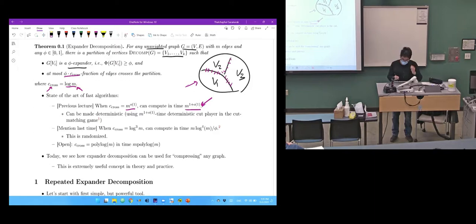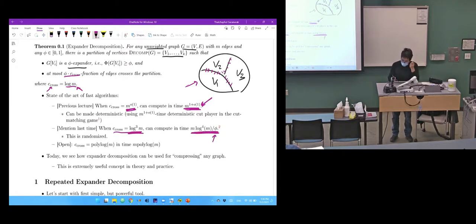Okay, but anyway, if we don't care much about deterministic or not, this is something that we can do for sure. And I mentioned also last time that if you want this to be polylog, it can be done too, but the running time is something like this.